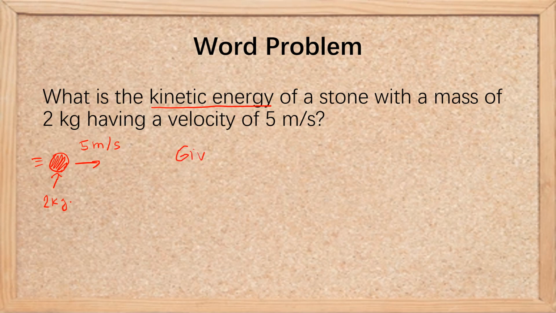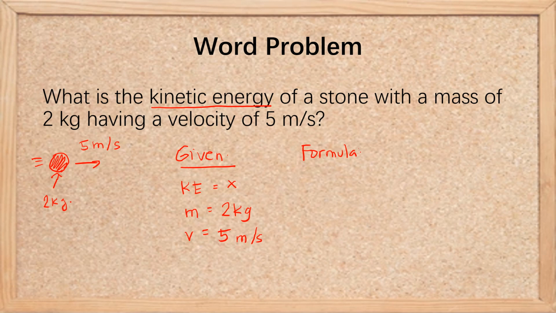Our given here to solve this equation are KE, mass, and velocity. Our KE, the kinetic energy, we don't know yet. The value of our mass is 2 kilograms, and the value of velocity is 5 meters per second. What will be our formula to be used?